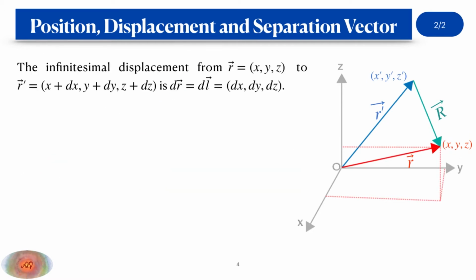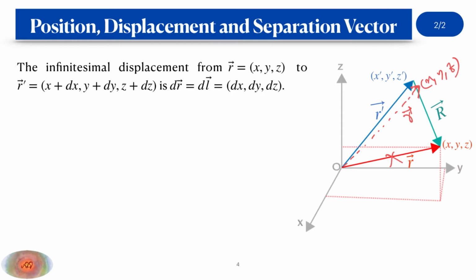Now let's consider that this r vector, or the position of this coordinate x, y, z, is very close to the source point. That means suppose this is x, y and z, and this one is representing the r vector instead of this one.